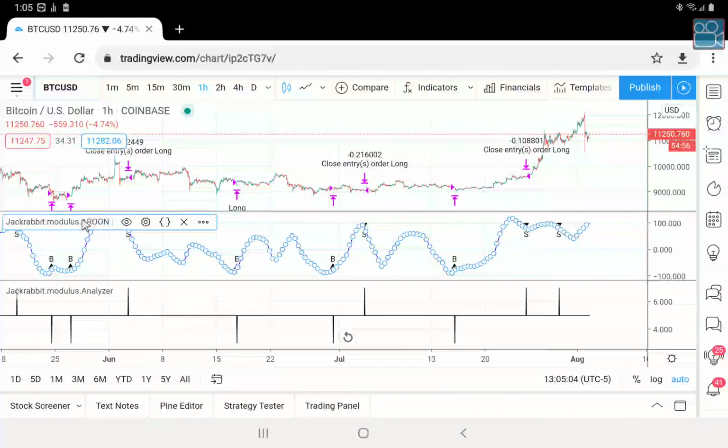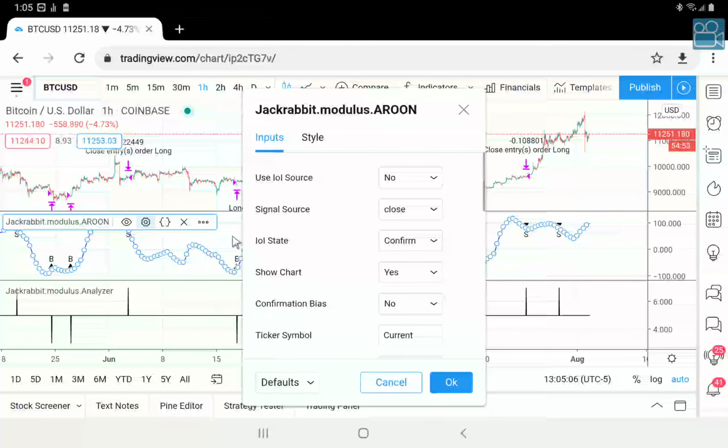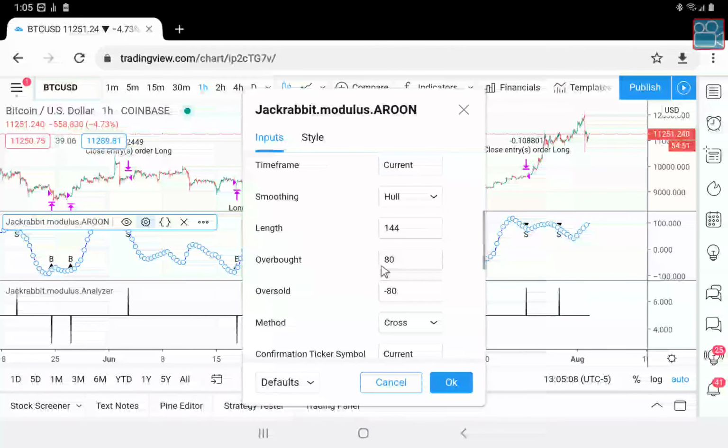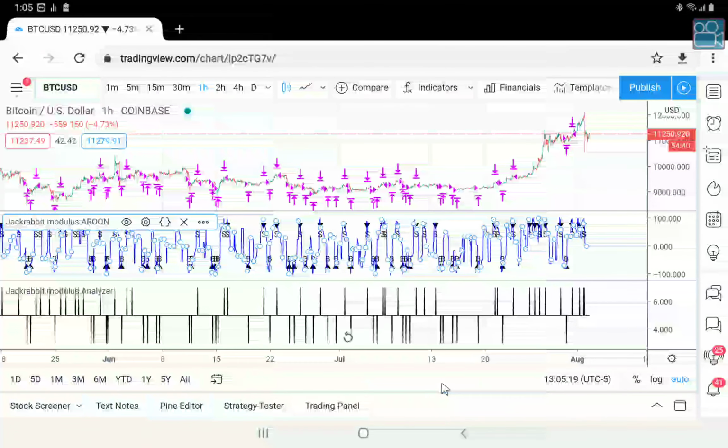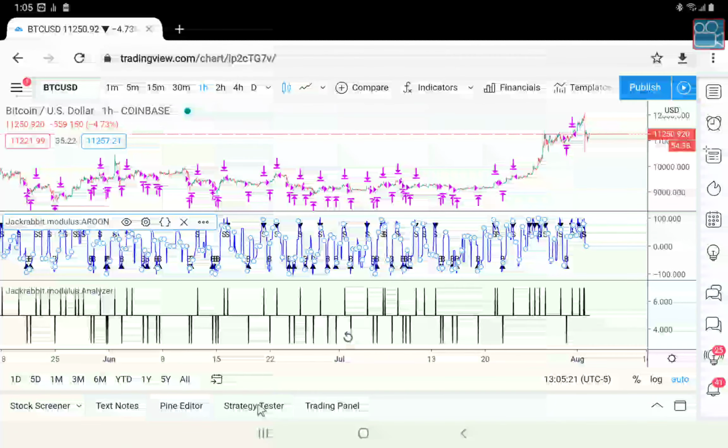The other thing with AROON is if you don't use a smoothing and you use the defaults, which is usually 20 and none, it's not going to be very profitable at any level.